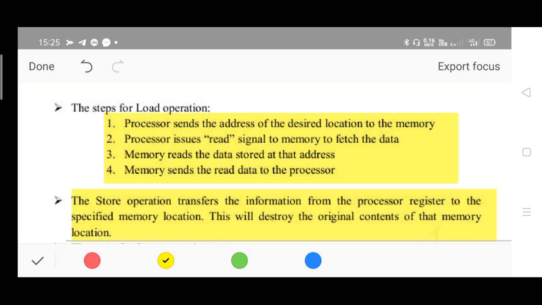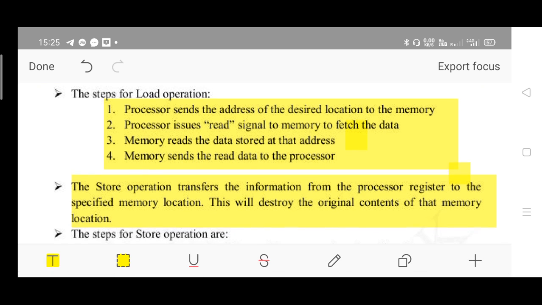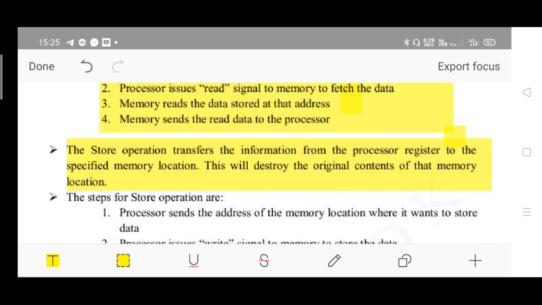New data will be kept in the same location. The original contents will be discarded automatically. So these are the two important things you need to learn: load operation and store operation.